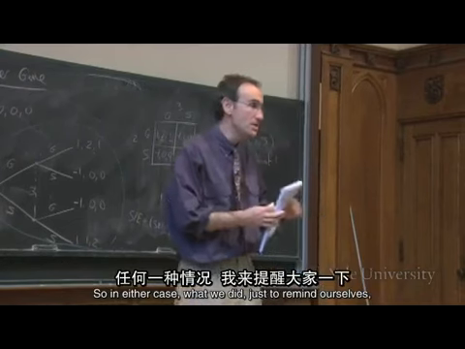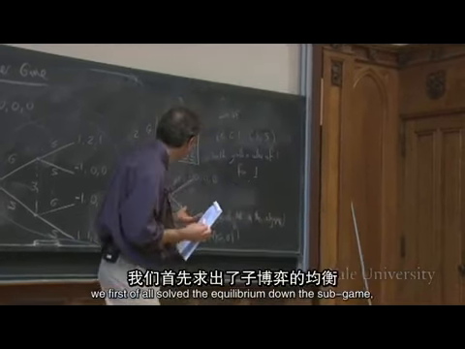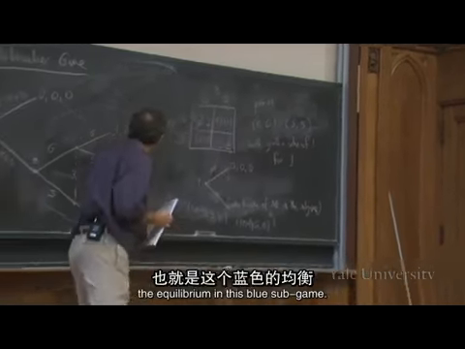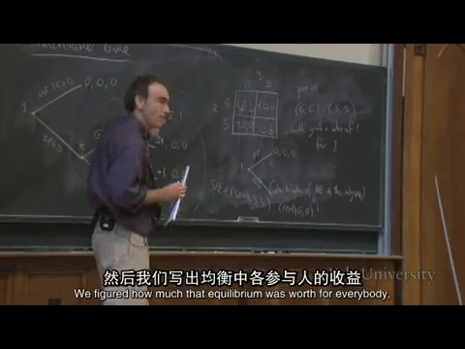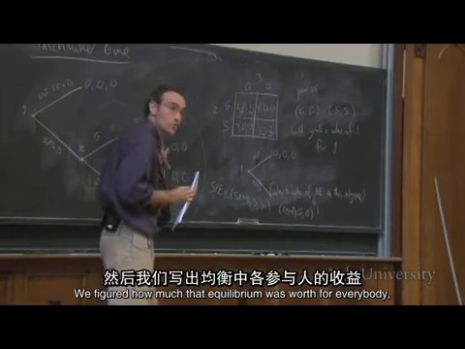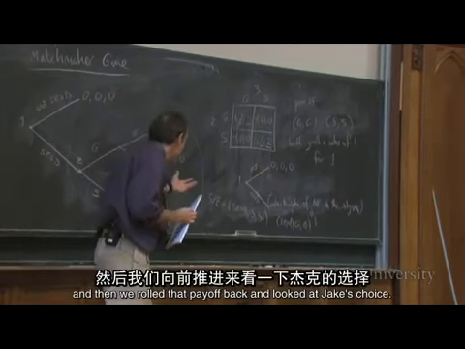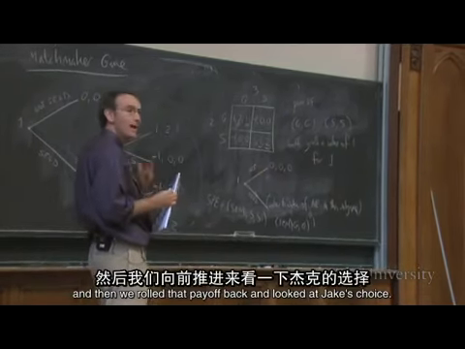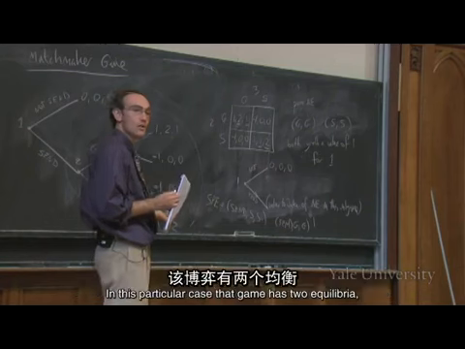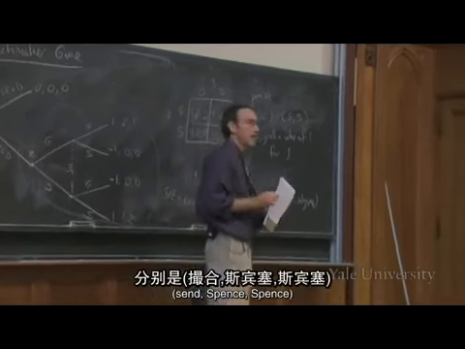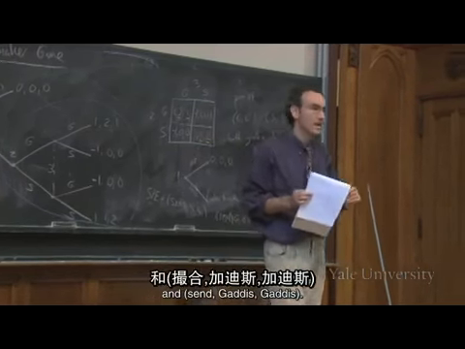Right, so in either case, just to remind ourselves, we first of all solved the equilibrium in the subgame, the equilibrium in this blue subgame. We figured out how much that equilibrium was worth for everybody, but in particular for Jake. And then we rolled that payoff back and looked at Jake's choice. Right, in this particular case, that gave us two equilibria, send Spence Spence and send Gaddis Gaddis.